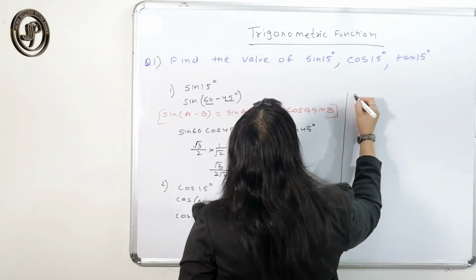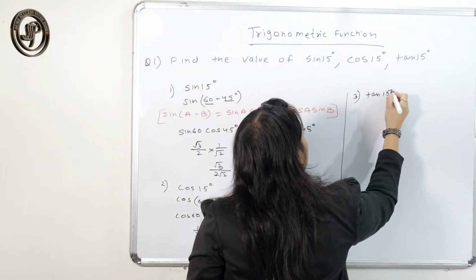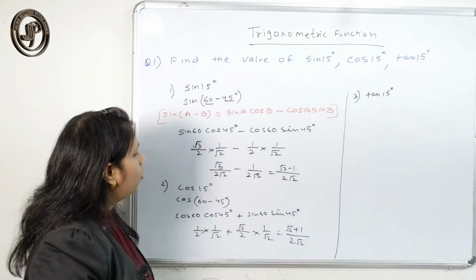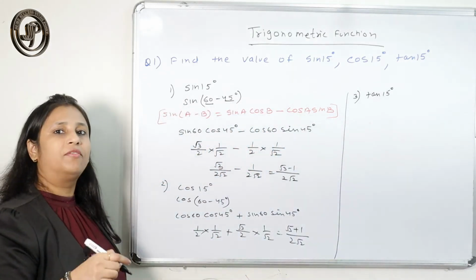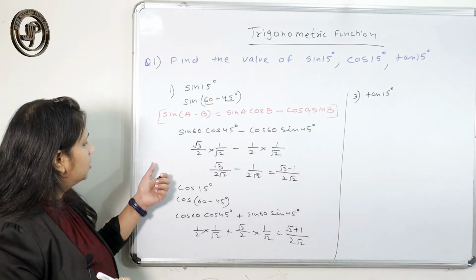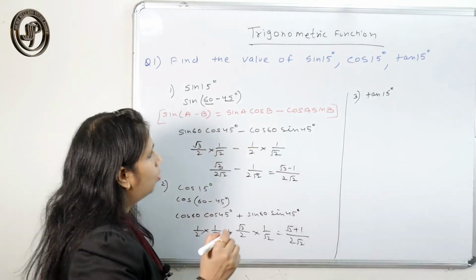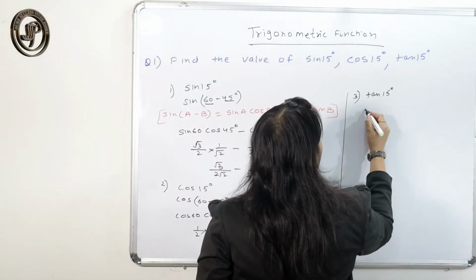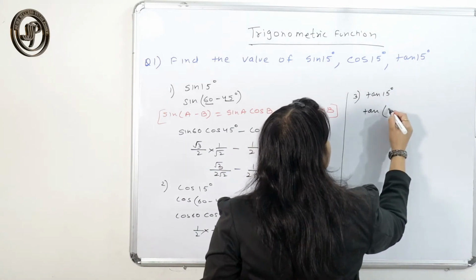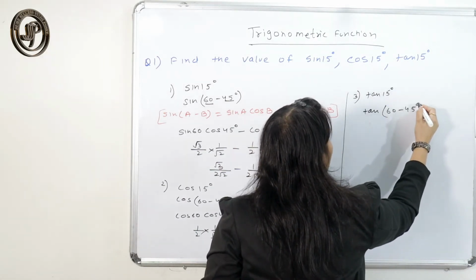If only tan 15 degree is asked in an examination, then you are not going to solve for sin 15 and cos 15, right? That is just a waste of time. So how can you do this? You can write this as tan of 60 minus 45.